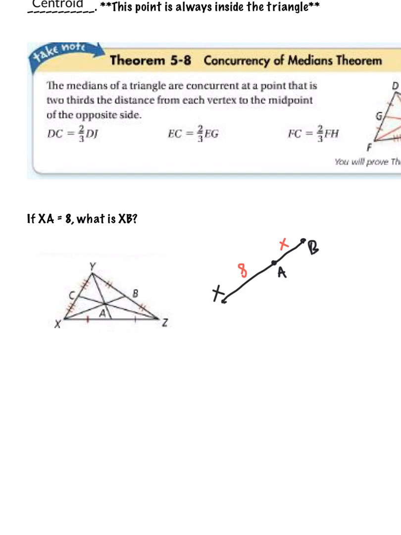So if I know xa equals 8, I know that piece of information. I know that x to a, because that's that endpoint to the centroid, is going to be 2/3 of my total distance. This is going to be 1/3 of my total segment length. So I can say XA is equal to 2/3 of that total length, XB.